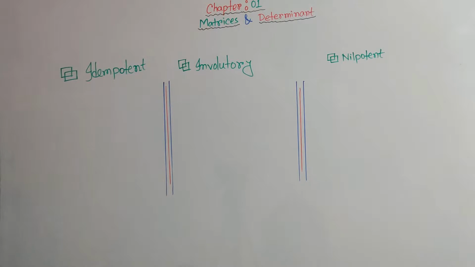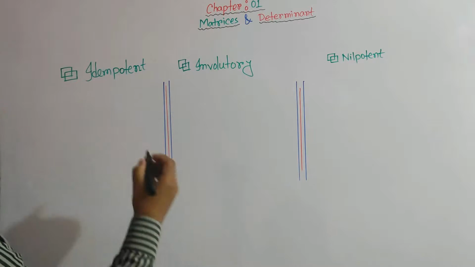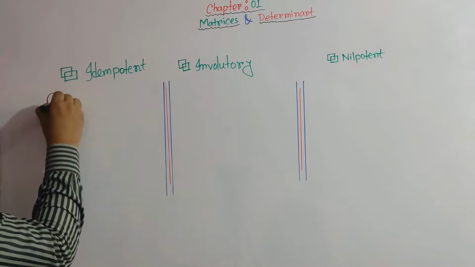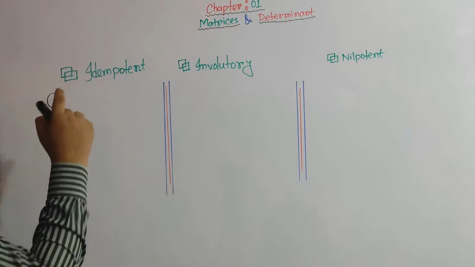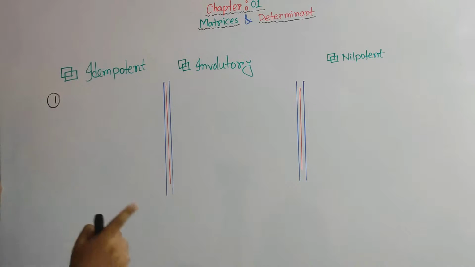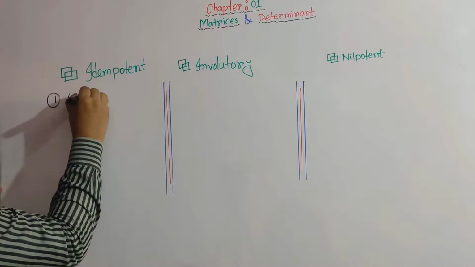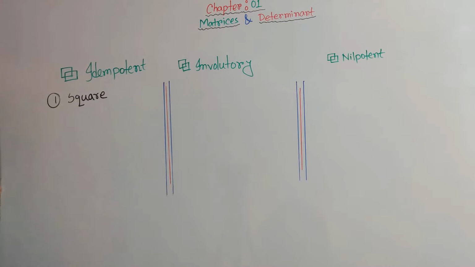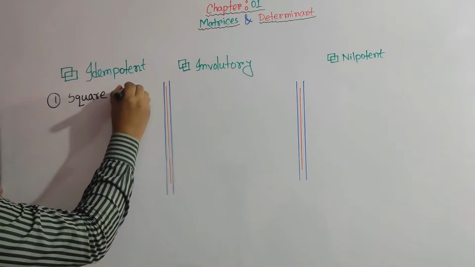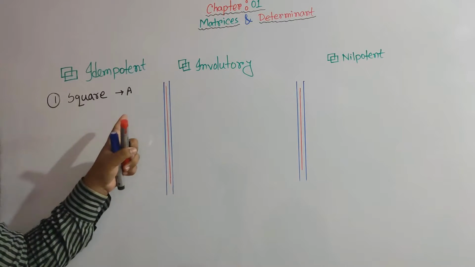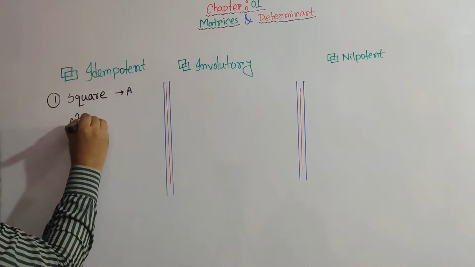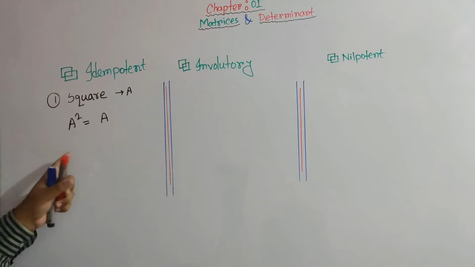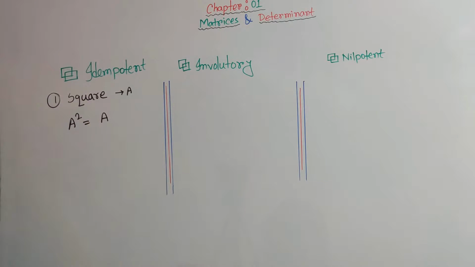So what's the definition of idempotent matrix? First of all, what actually is the idempotent matrix? If a square matrix A satisfies A square equal to A, then we can say this is the idempotent matrix.